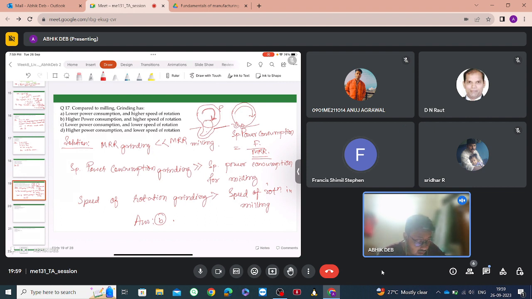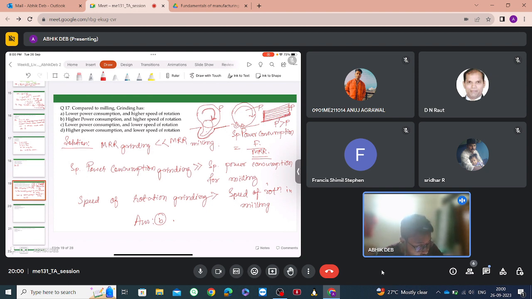You may say that for higher depth of cut the power consumption will be higher, but as we discussed in the previous class, if the depth of cut is reduced, then for a thickness like this, removed once, the power is P. And if this same thickness is removed in layers, then the power, if for layers the power is P dash, then this P dash will be greater than P, because for every layer removal the friction force will be the same.